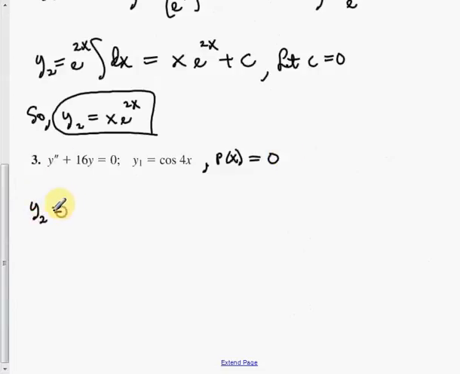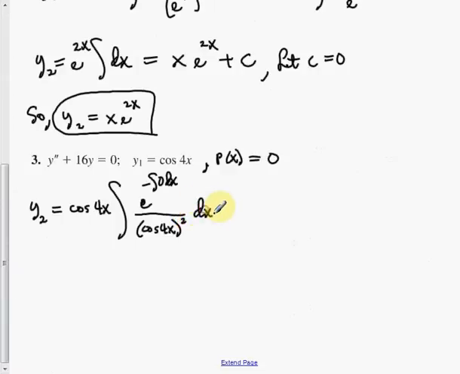So y sub 2 is equal to the first solution, which is cosine 4x, times the integral of e to the negative integral of 0 dx, divided by cosine 4x squared, dx.